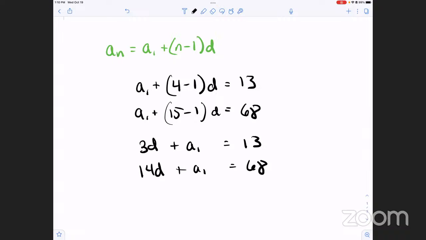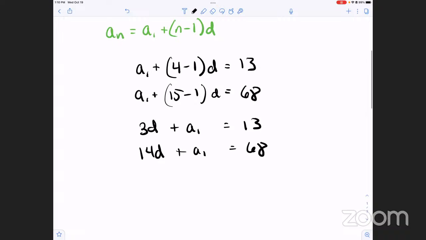One of the techniques for solving a system of equations like this is to multiply one of the equations by a non-zero real number and then add them together. This is called the elimination method. I want to get rid of this a1, so I'm going to distribute a negative across the top. I basically multiplied that row by -1.